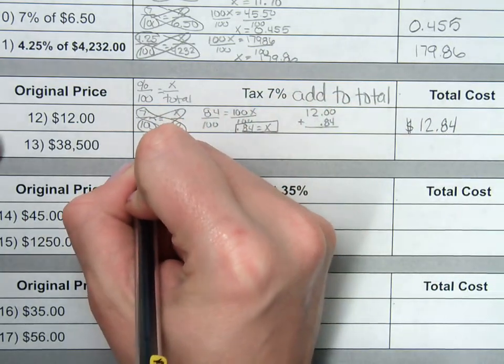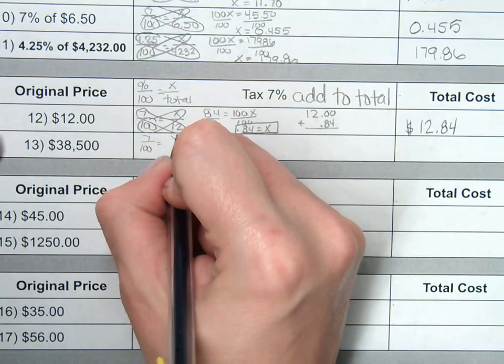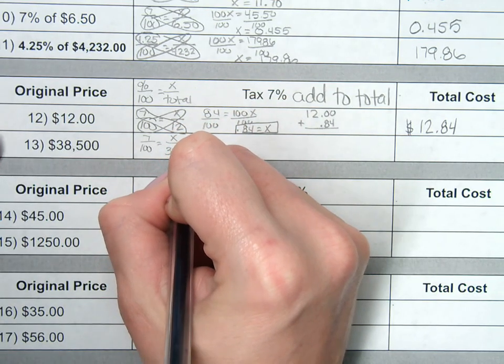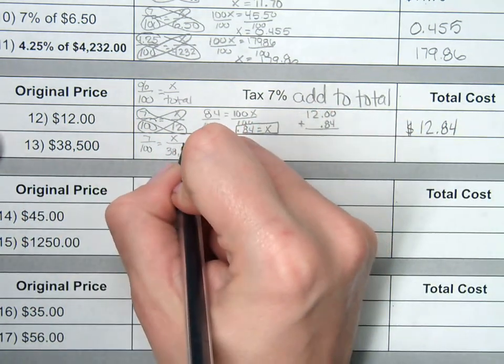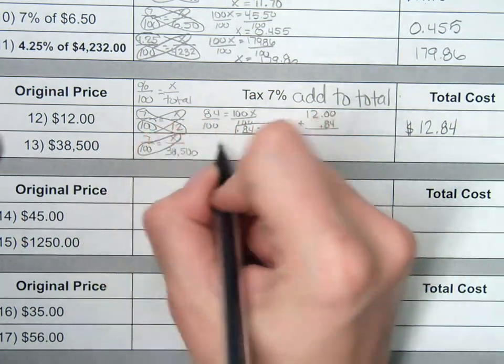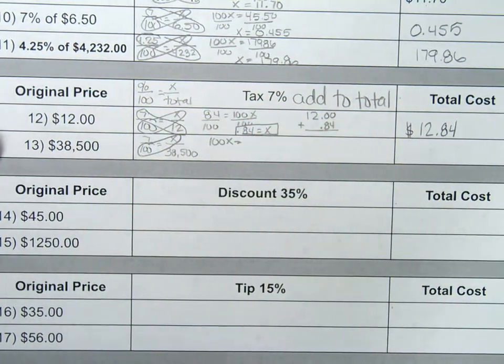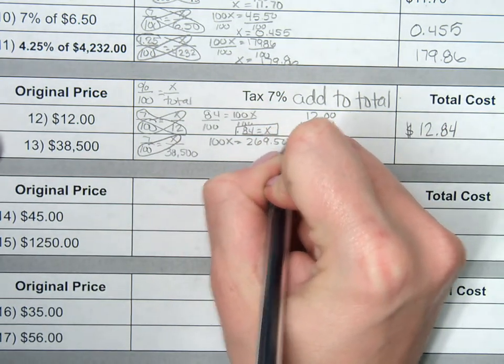For the next one, I still have 7% sales tax over 100 equals x over, and this time I'm spending $38,500. Cross multiply. 100 times x is 100x, and 7 times 38,500 is $269,500.